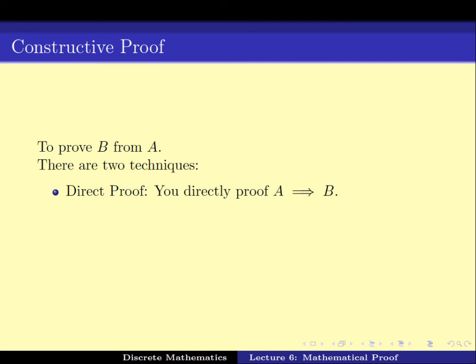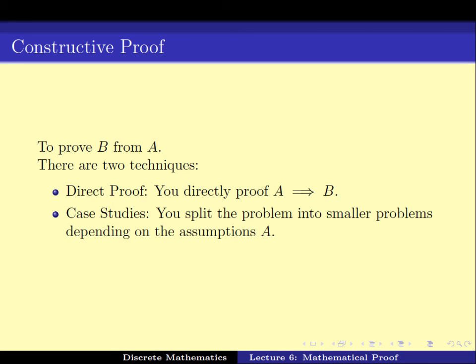Namely, we first come up with the direct proof, that means we take A, we play around with it, we make some changes and we get B out of it. We call it direct proof. And second proof is that if we can split up the problem into even smaller statements depending on the assumptions of A.